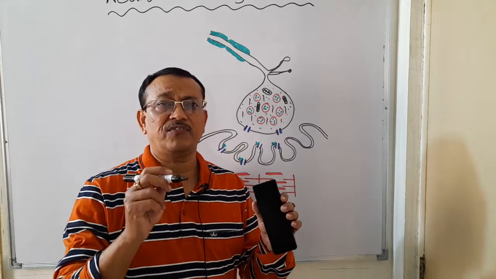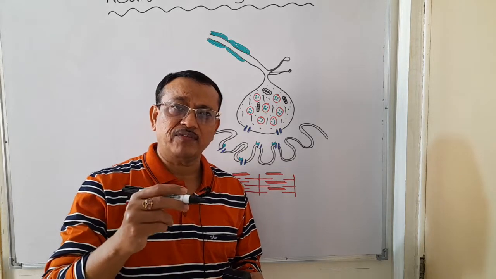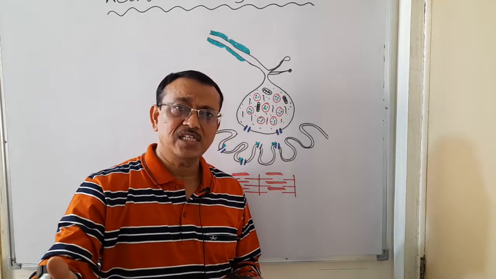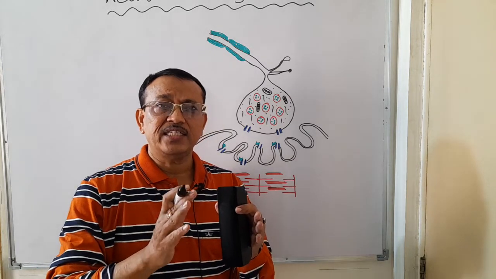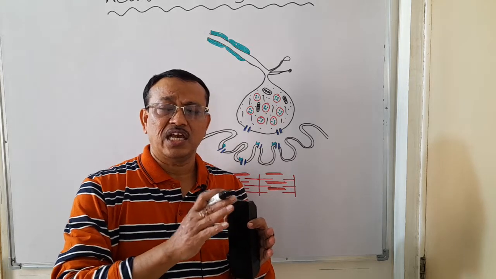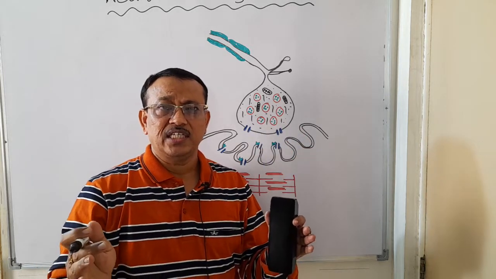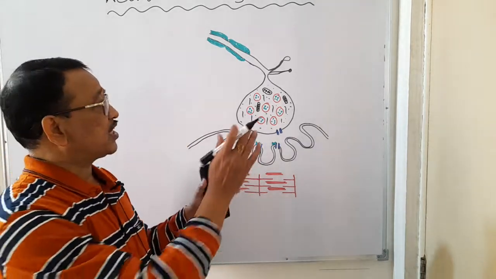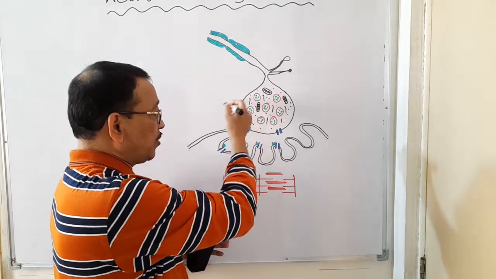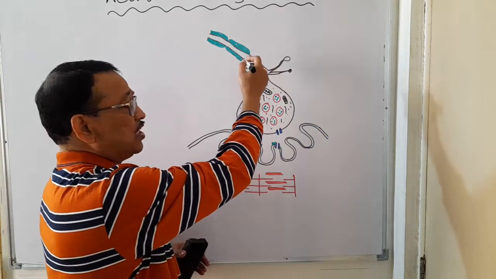So if a nerve is stimulated and that particular nerve is supplied to a muscle, then that muscle contracts. And this excitation of the nerve fiber and contraction of the muscle are because of the presence of a structure that is known as the neuromuscular junction.